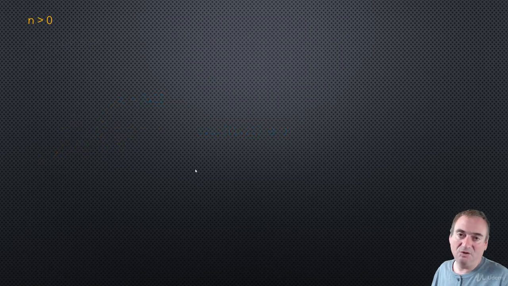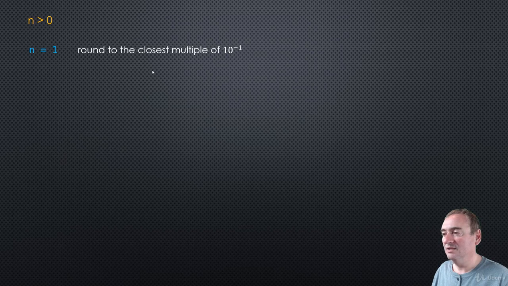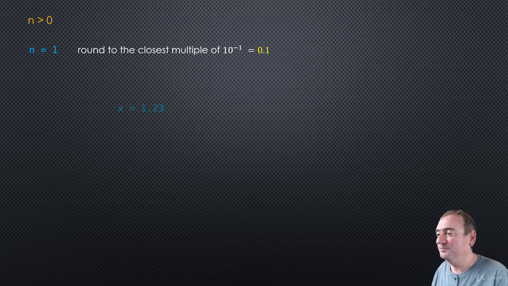Now we can look at n greater than 0. Let's look at n equals 1. So we're rounding to the closest multiple of 10 to the negative 1, which is 0.1. So we're going to look at multiples of 0.1. What are multiples of 0.1? Well, 0, 0.1, 0.2, 0.3, and on the negative side, negative 0.1, negative 0.2, negative 0.3, and so forth.